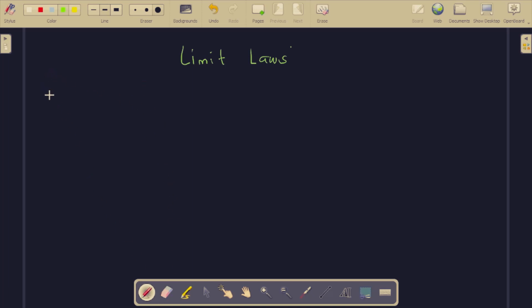Now the first limit law has to deal with what is known as addition. All right, so before we even start, we have to suppose that we have two functions, f of x and g of x.